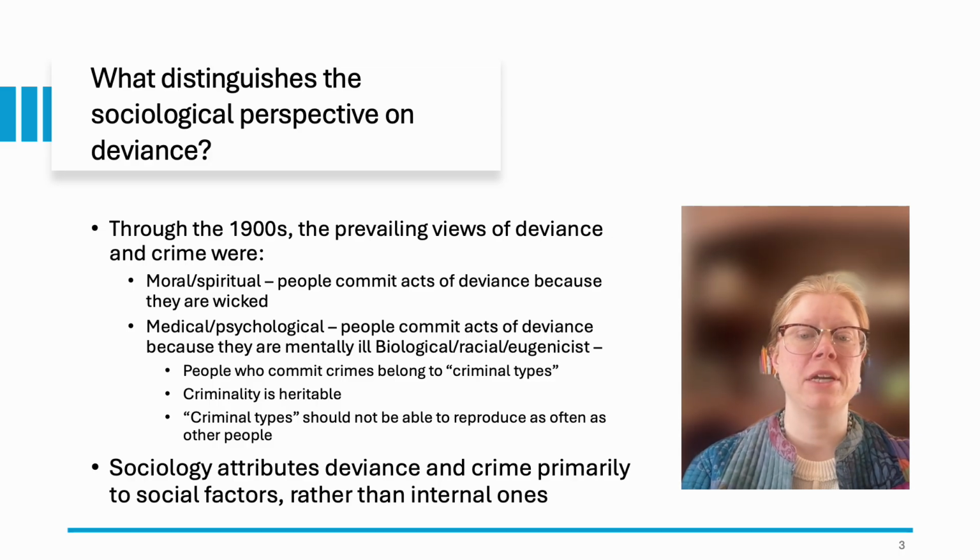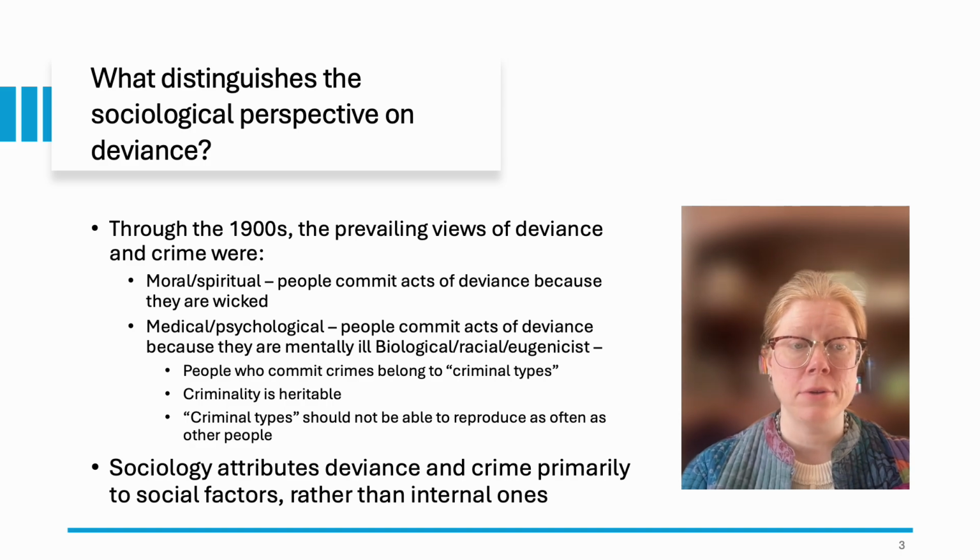And so this was a major argument in cases of forced sterilization. So you can see how biological and racial arguments about criminality and deviance led directly to eugenicist arguments.